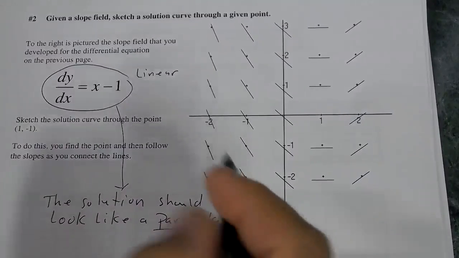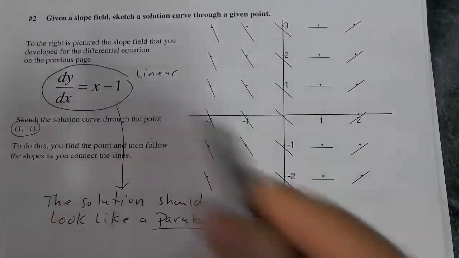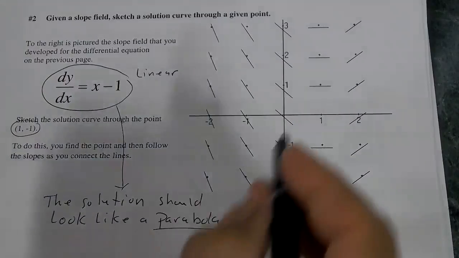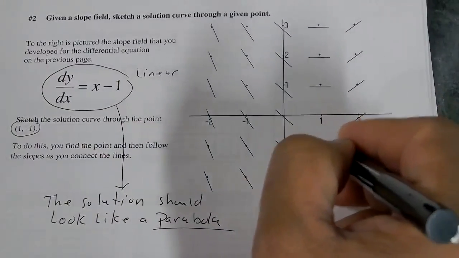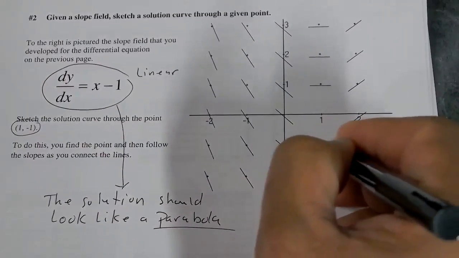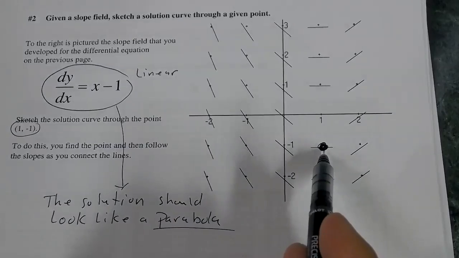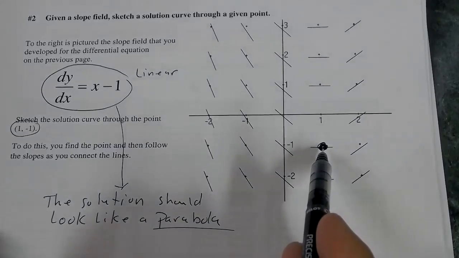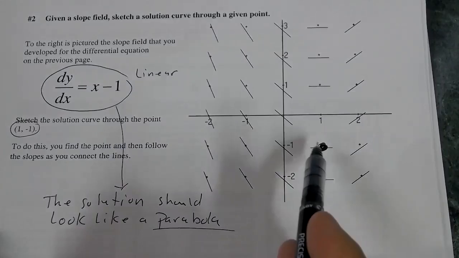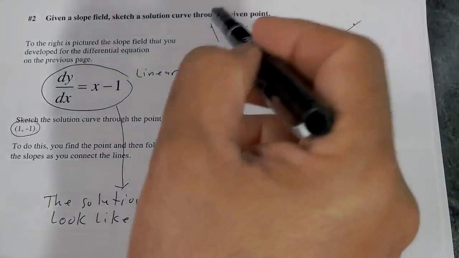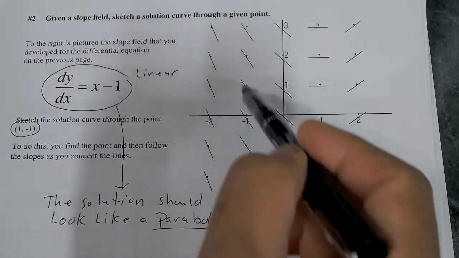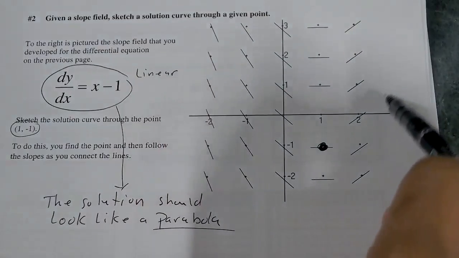But they want me to go through the point 1, -1. So 1, -1 is right here. See it? So I need to draw a parabola that goes through that point. So this must be my vertex. And as you see here, look at the slopes. They're going down to 0, then they're going back up.